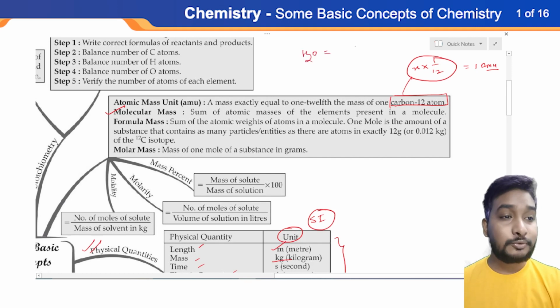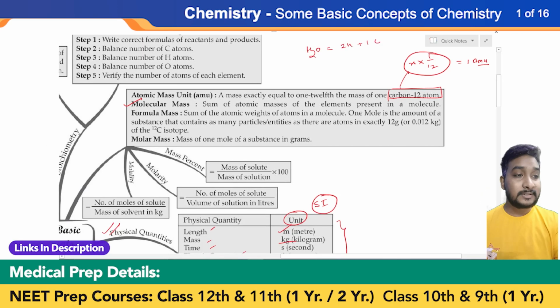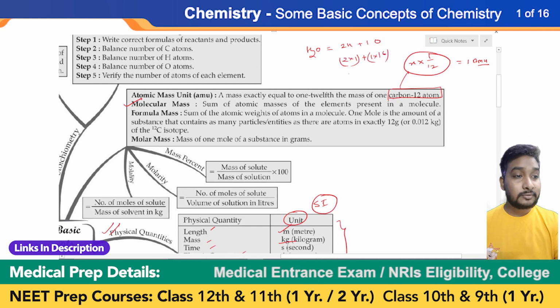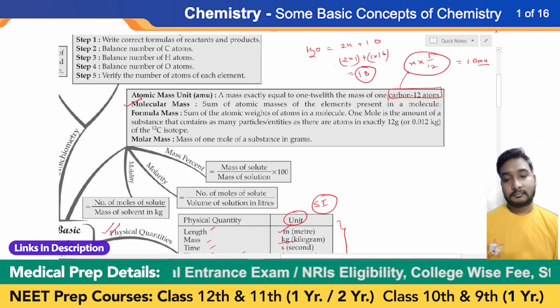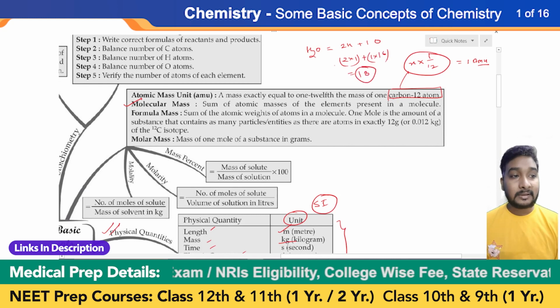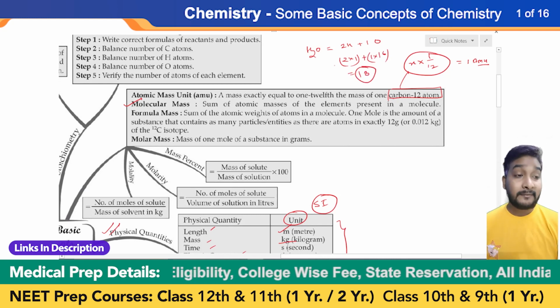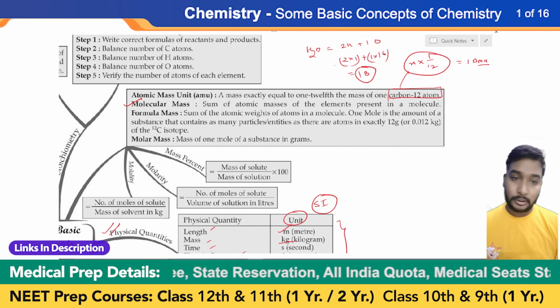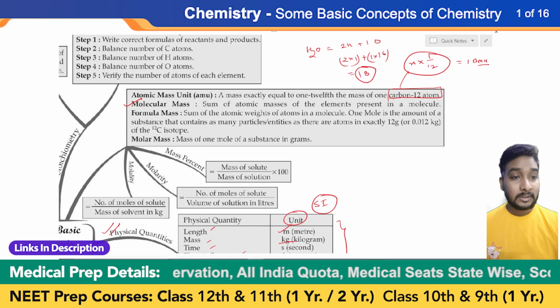We know that H2O is made by 2 hydrogen and 1 oxygen. So the atomic mass of hydrogen is 1, so 2 into 1 plus the atomic mass of oxygen, which is 16, so 1 into 16. So the result is 18. So what we have done is addition of the atomic masses of all the atoms present in a molecule, which is called molecular mass.